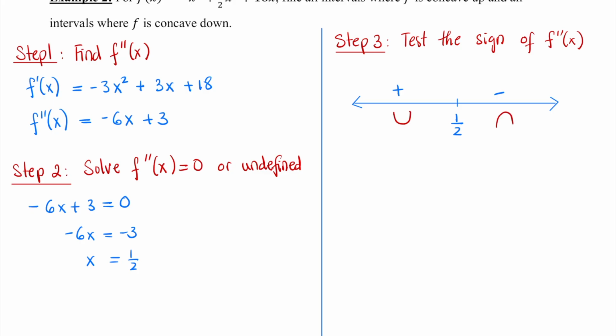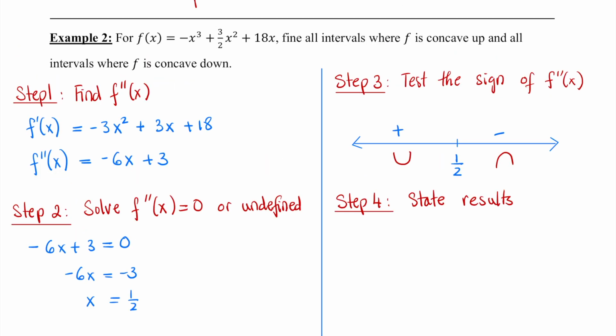And the next step, we are going to state the results. The question asks for the intervals where the function is concave up and the intervals where the function is concave down. So the interval where the function is concave up is from negative infinity to 1/2.